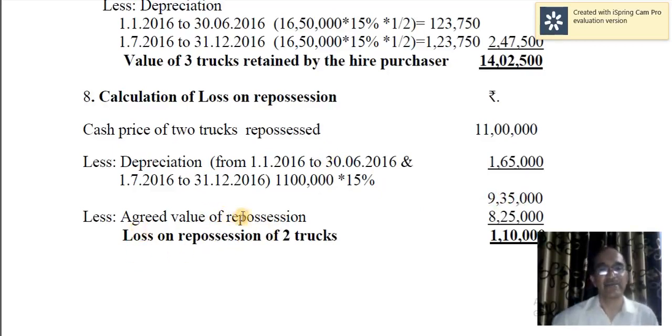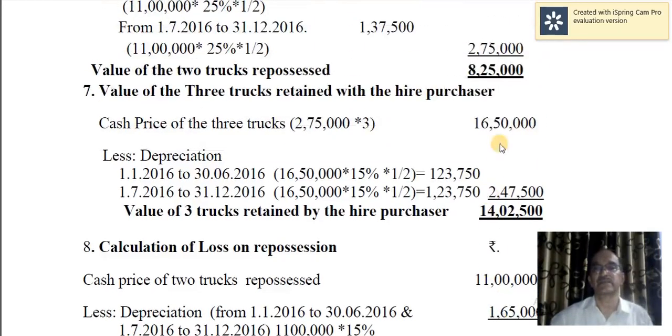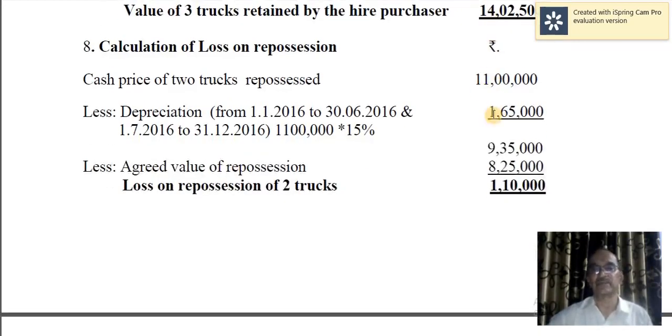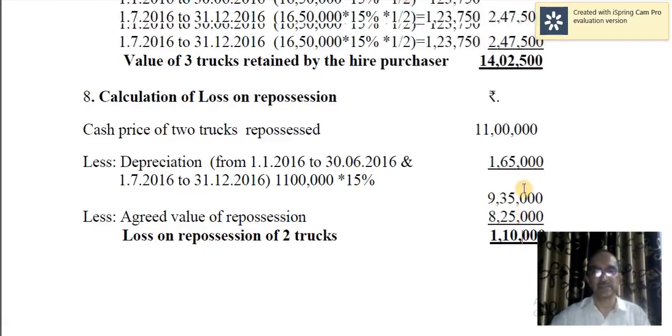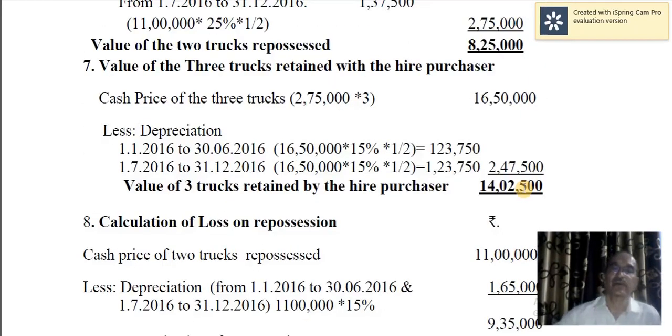But the agreed value of these 2 trucks is 8,25,000. See, it is given in the previous one here. So 8,25,000 is the agreed value at which 2 trucks were repossessed. As a result, there is a loss of 1,10,000. So 1,10,000 is the loss arising on account of repossession of these 2 trucks.